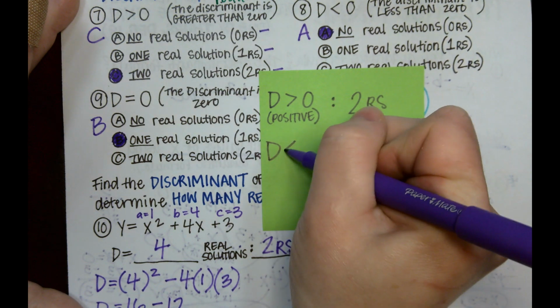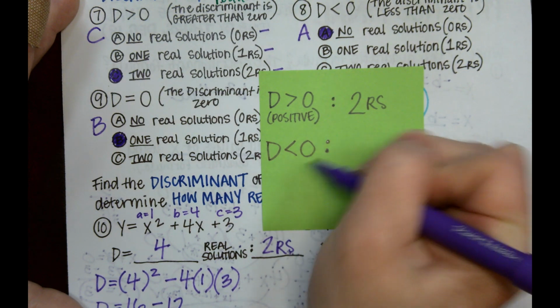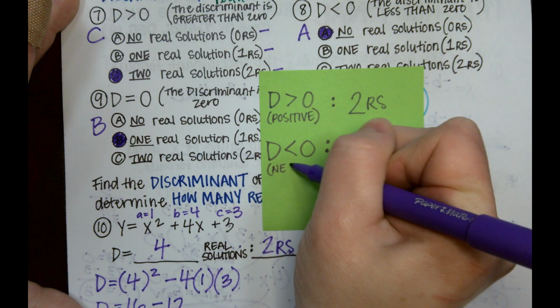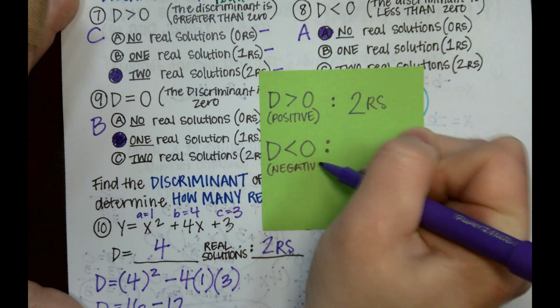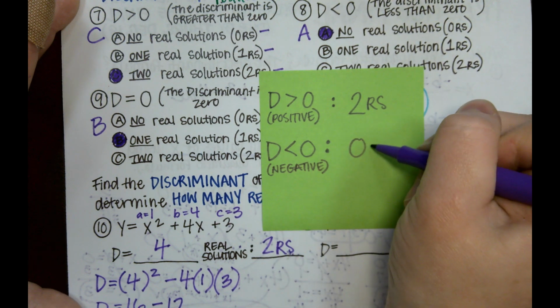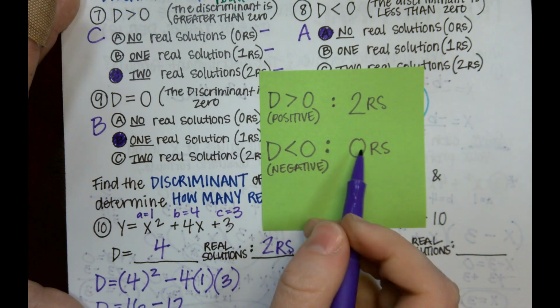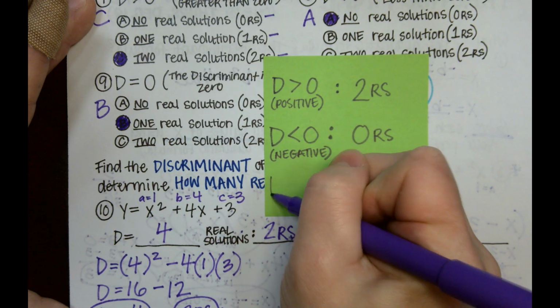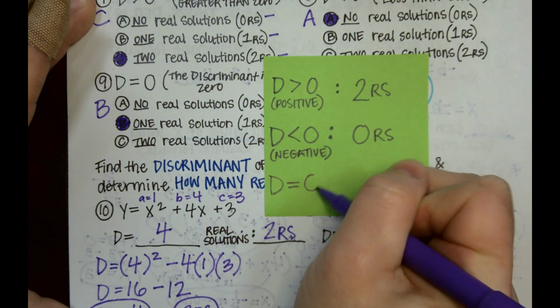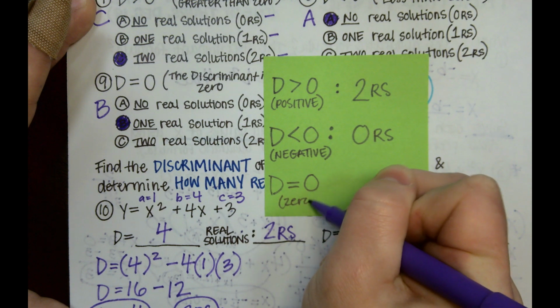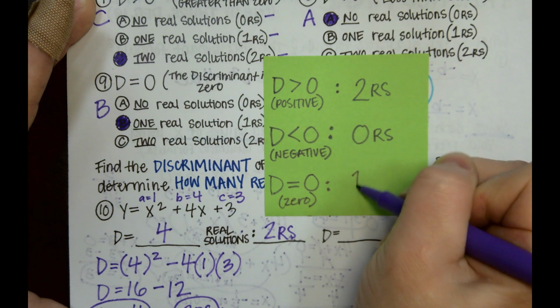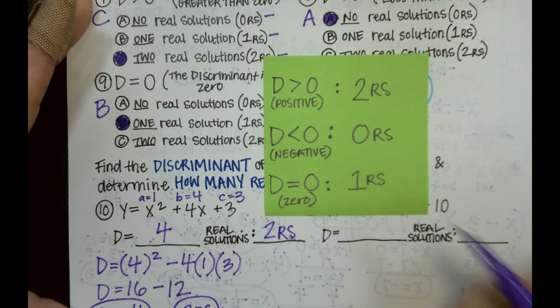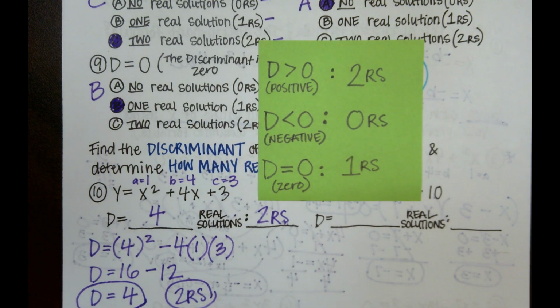When the discriminant is less than 0, or negative, there are no real solutions, or 0. And when the discriminant is 0, we have 1 real solution. Those are the only 3 options you'll ever have: just 0, 1, or 2.